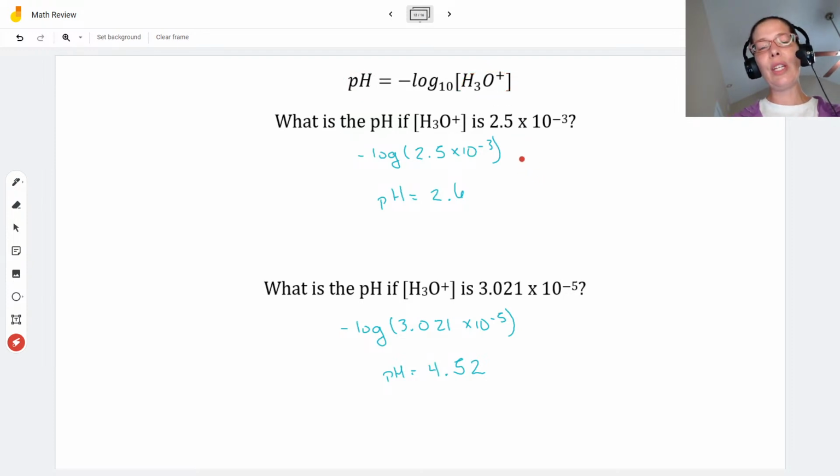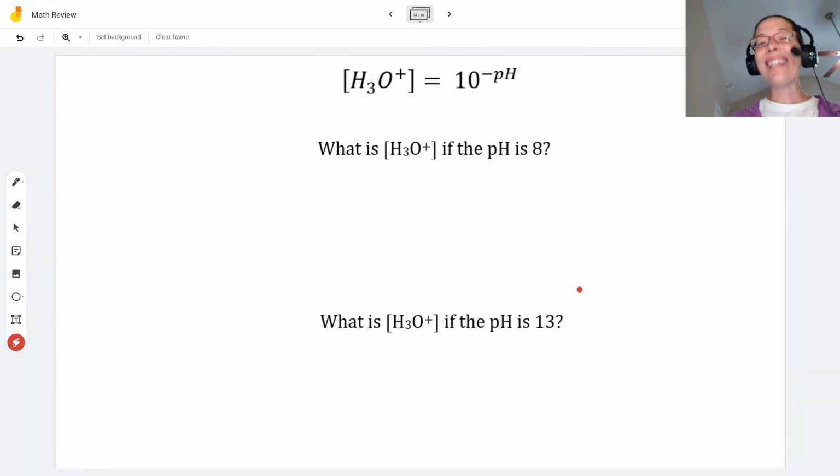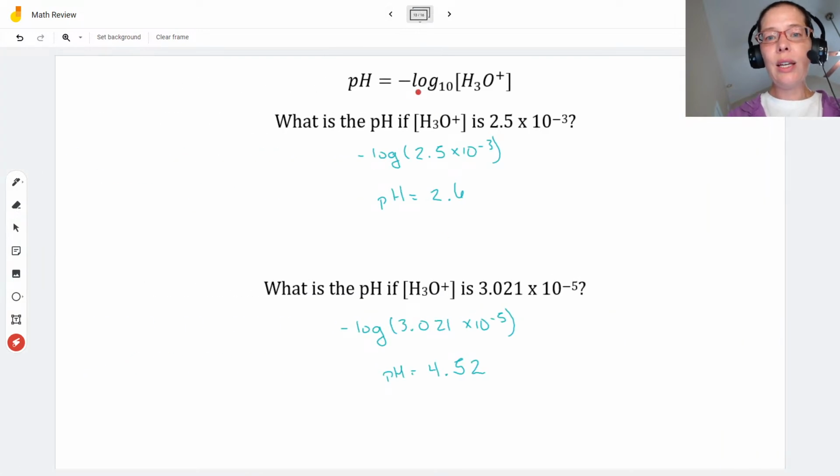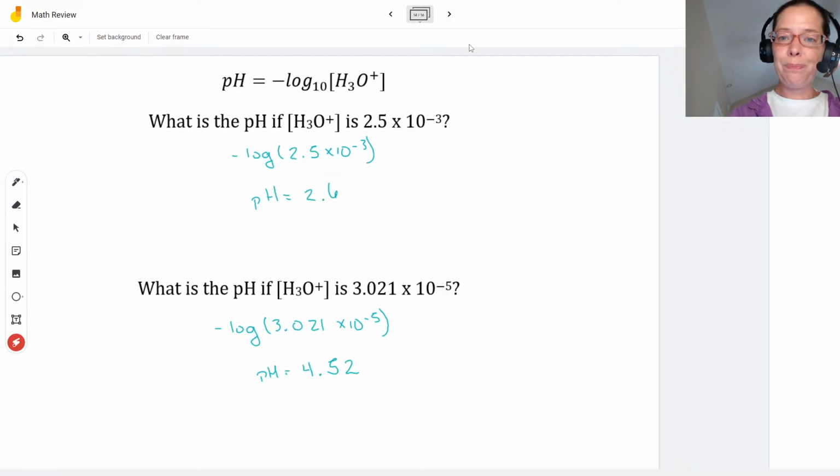So I took the inverse of the log, which is an exponent. Again, logarithms, exponents. If I want to solve for my concentration of hydronium, I'm going to do 10 raised to the negative pH. And it's 10 here because it's log base 10. So that is where that 10 comes from.